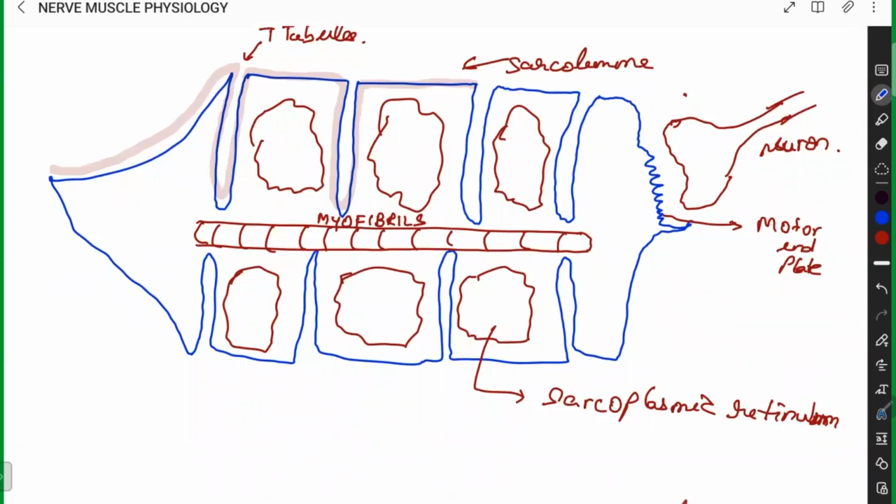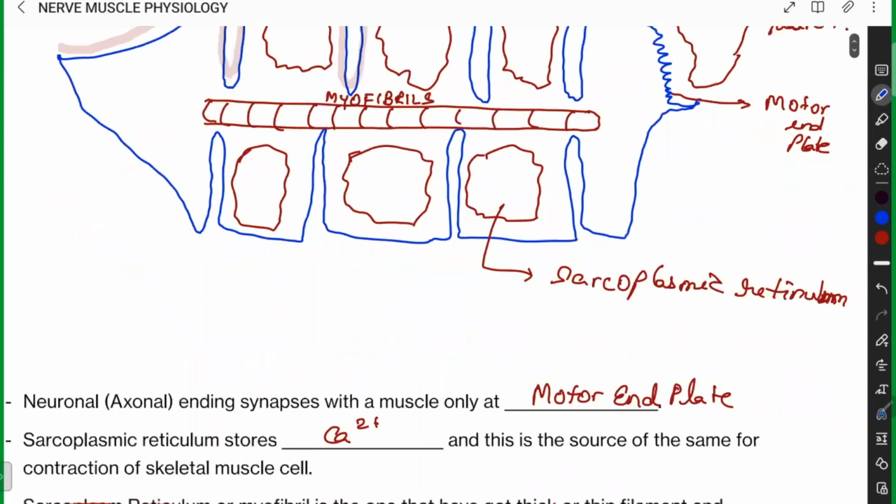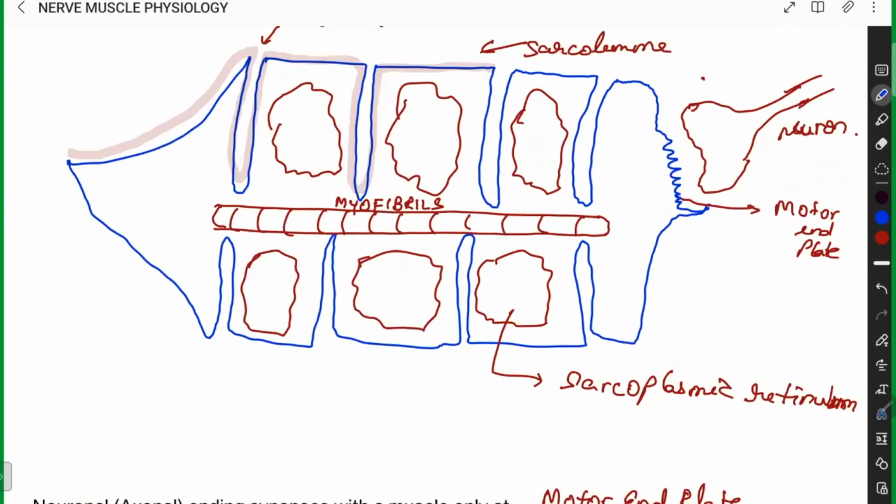Now, let me take you into the depth of the myofibril at this point itself. In the myofibril, you could see some lines, isn't it? What are these lines called? These lines are called Z lines. And between one Z line and the other Z line, you have a gap.